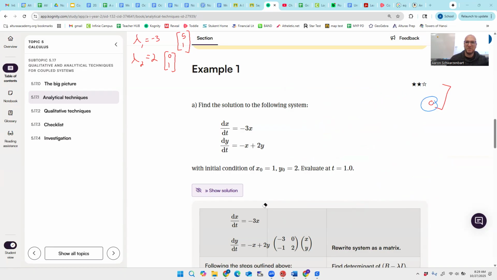Okay, now I'm going to use my formula. The x vector equals A e to the eigenvalue 1, which was -3. There's a t in this up here, right? Times the eigenvector, and plus B e to the 2t times this eigenvector.